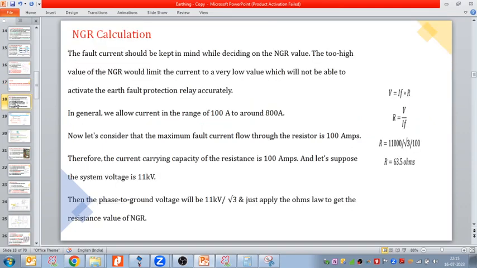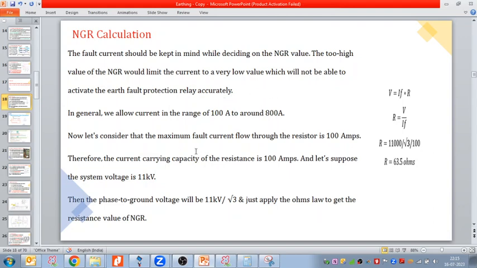So let us see the resistance calculations in the neutral grounding resistance. What should be the value of resistance? The fault current should be kept in mind while deciding the NGR value. Too high a value of NGR could limit current to a very low value, which will not be able to activate the earth fault protection relay accurately.